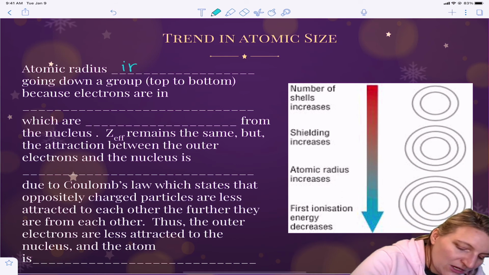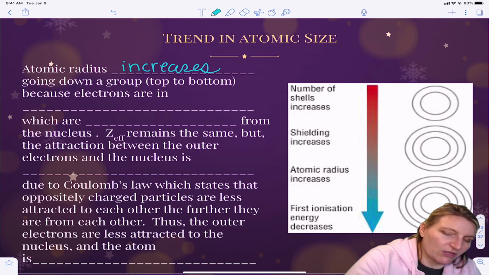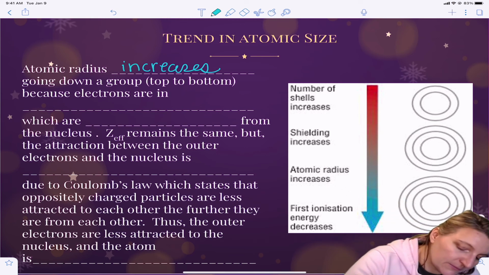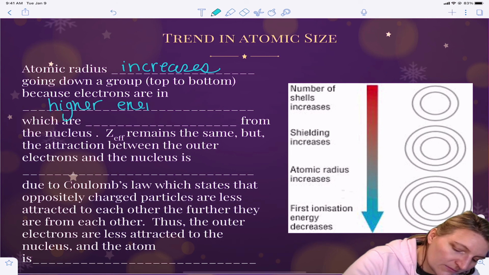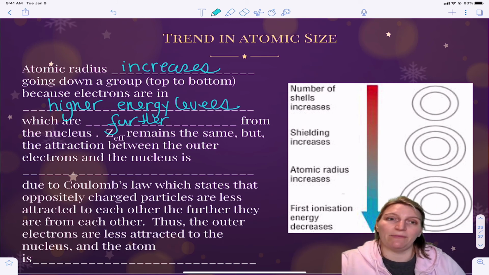Atomic radius increases going down a group from top to bottom, because electrons are in higher energy levels, which are further from the nucleus. Z effective remains the same. So generally, going down, if you actually calculate it, the number of shielding electrons increases, so does the number of protons, so the effective nuclear charge stays the same.